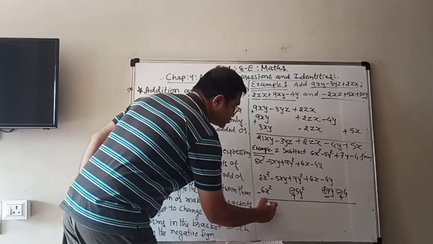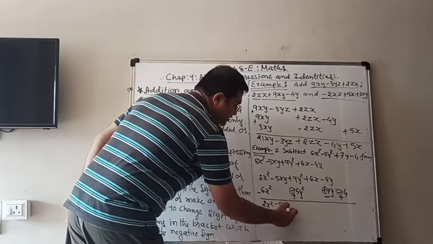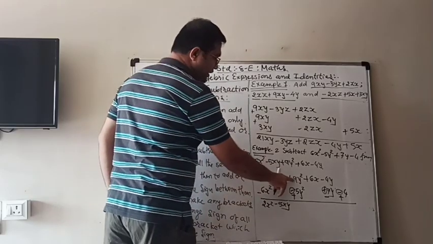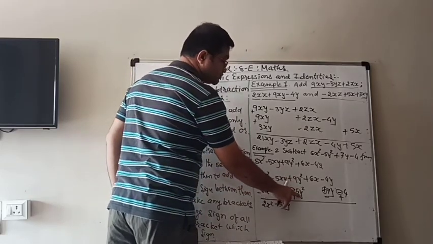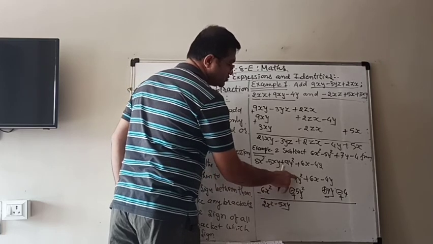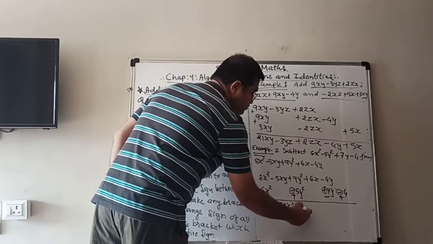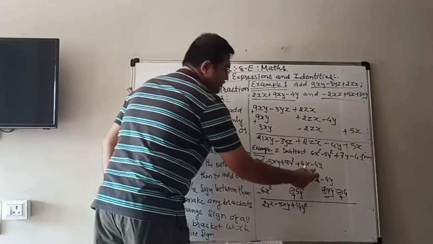So 2x square. That one will be written as it is because it does not have anything. Plus 9 plus 5 now, because minus minus, as I told you, we have to change the sign. So 9 plus 5, 14, so plus 14y square.